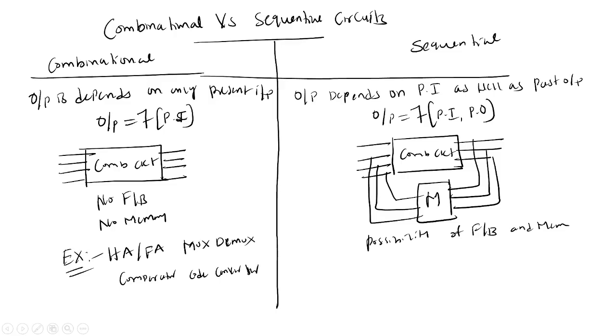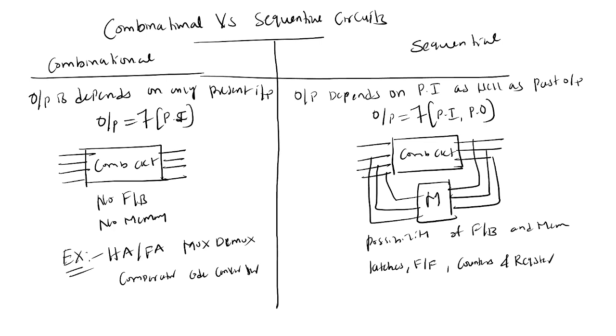These are all combinational circuits. Sequential circuits are latches, flip flops, counters, and registers. So this is about combinational versus sequential circuits.